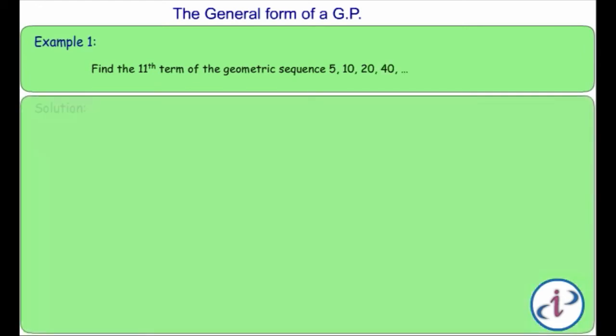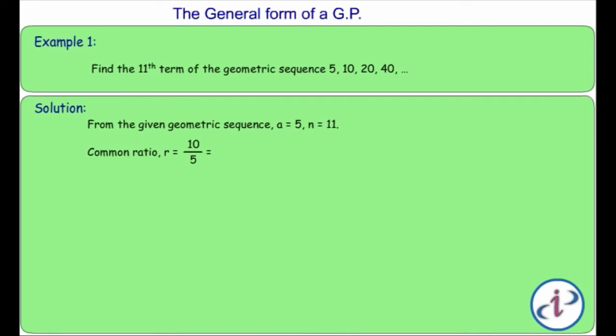Now, let us do a few problems. Example 1. Find the 11th term of the geometric sequence 5, 10, 20, 40 and so on. Solution. From the given geometric sequence, A equals 5, n equals 11. Common ratio r is equal to 10 by 5, which is equal to 2.